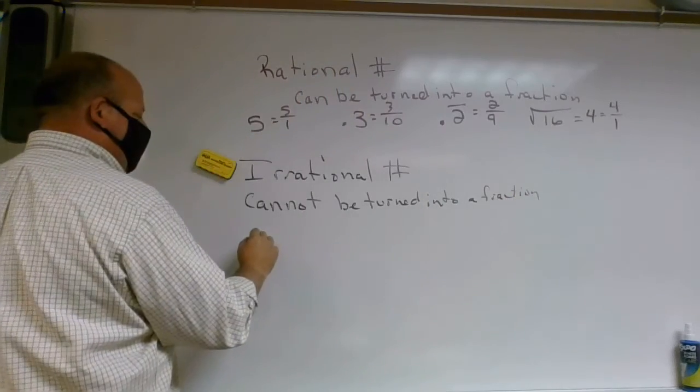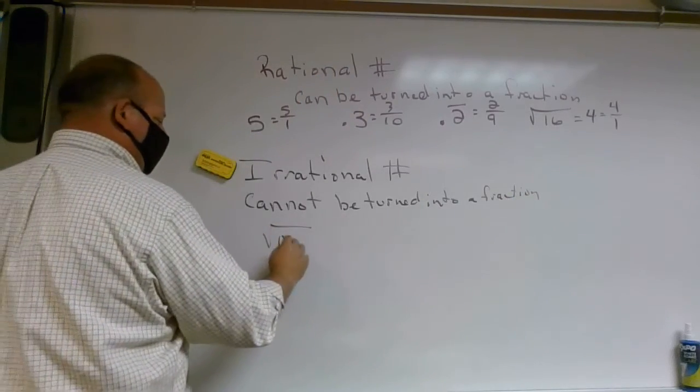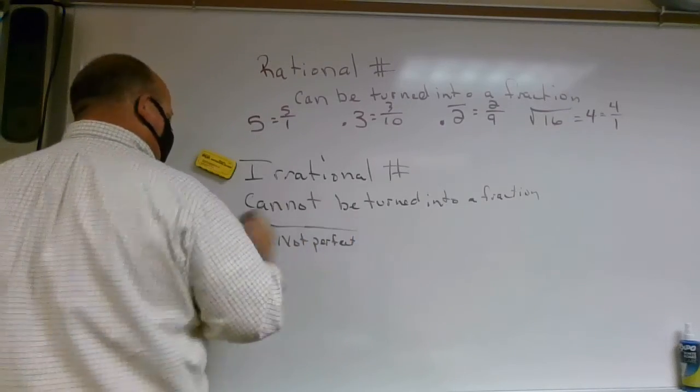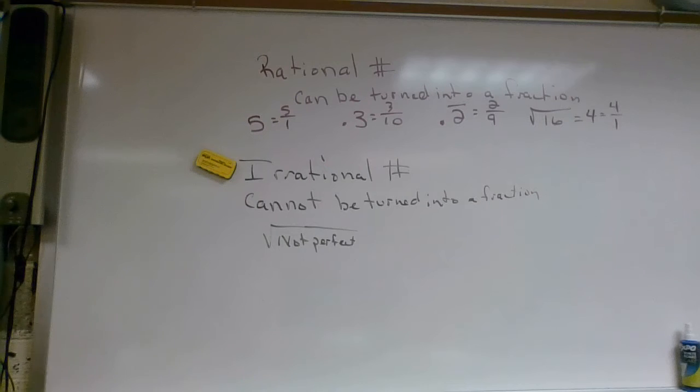Examples of that are any non-perfect square root. A non-perfect square root is an irrational number. Done deal. No thought process at all. If I get a square root that's not perfect, irrational.